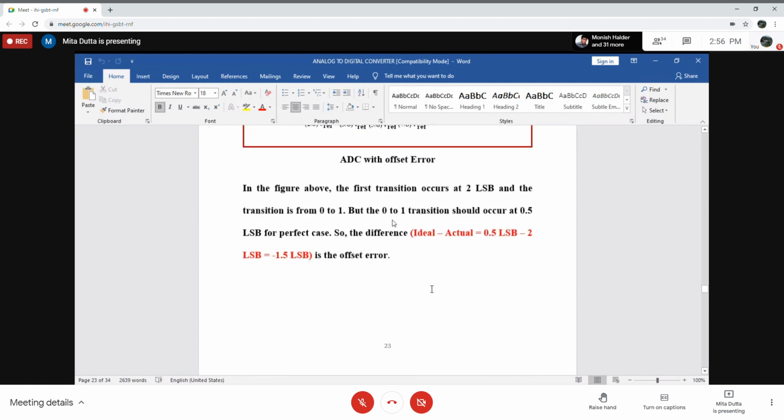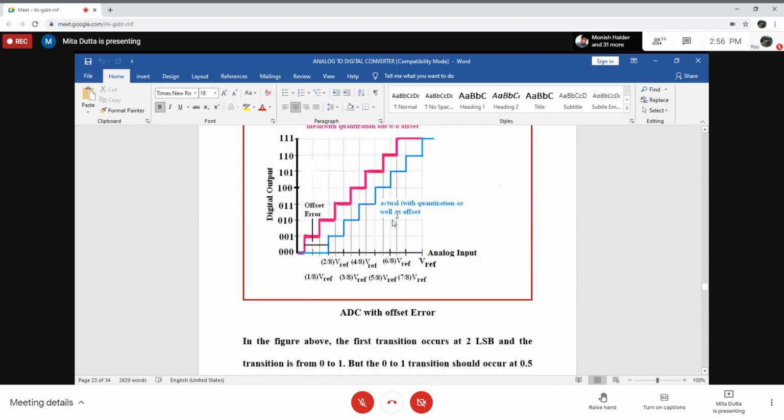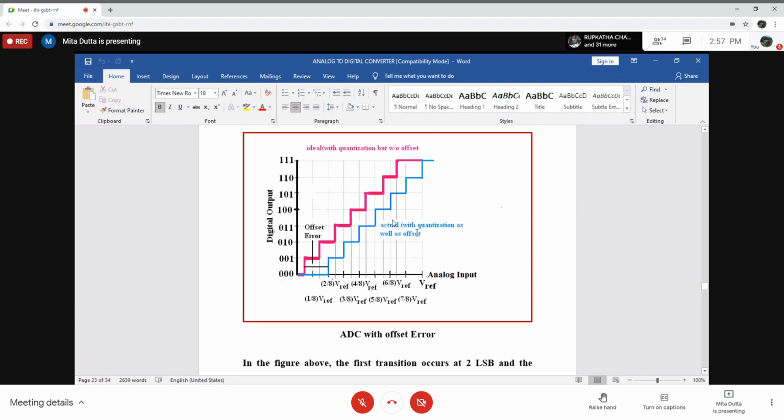And what about here, when we have a negative offset error? The actual one reaches there at 6.5, and here the output will remain zero.